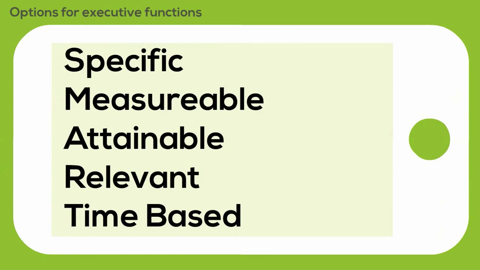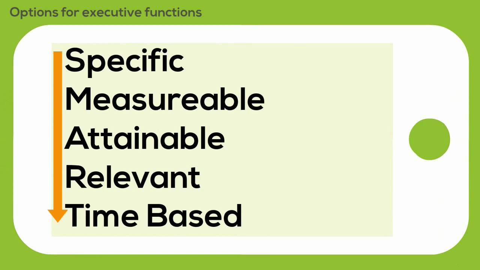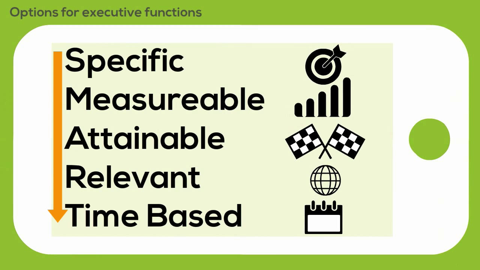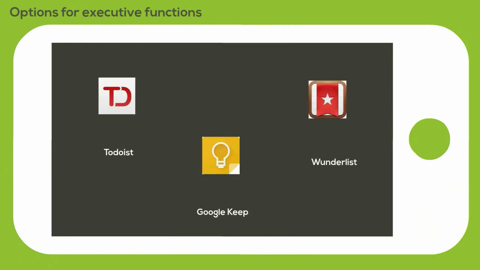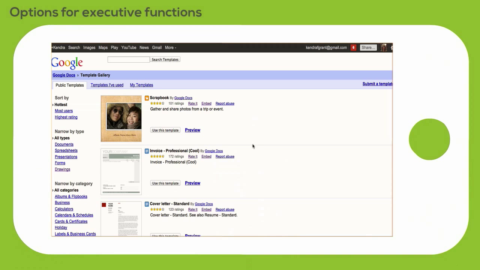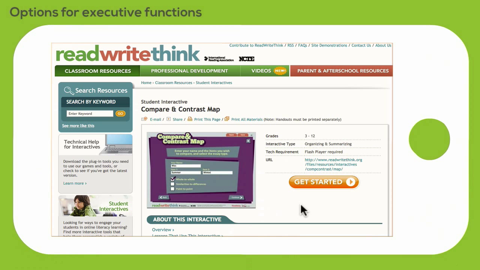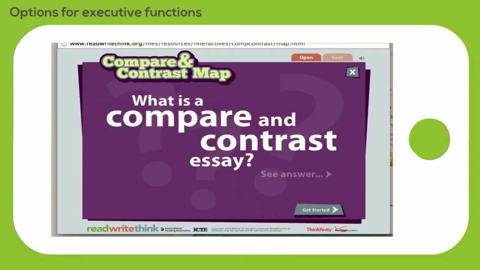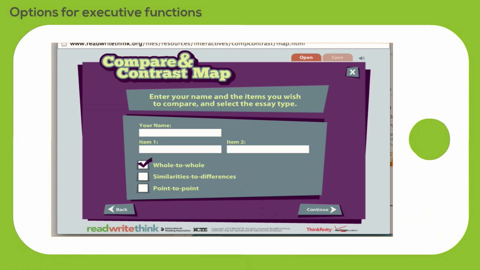Model the process of long-term goal setting through SMART goals, as well as through daily to-do lists. There are many types of these apps to choose from. Teach students how to plan and provide a variety of methods, including checklists and project planning templates. Help students organize and manage information through the strategic use of digital writing frameworks and graphic organizers.